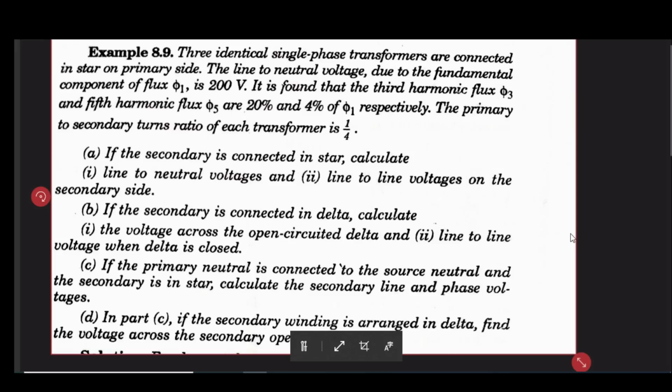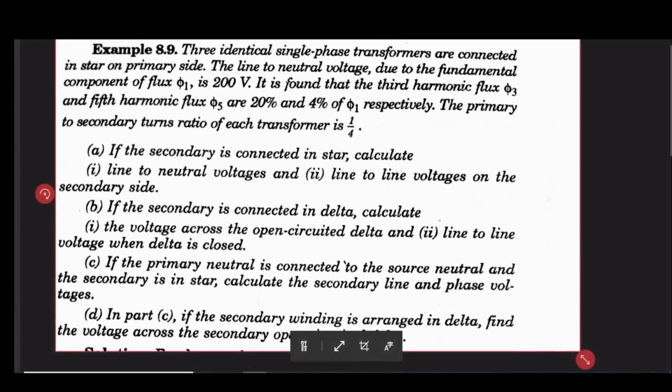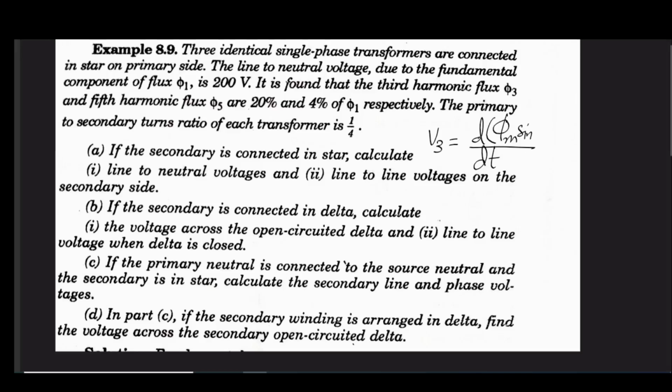One thing you must remember is that the third harmonic, although it is 20%, what about its voltage contribution? Do remember, your V3 is related to the third harmonic, like sine or cosine 3 omega t.